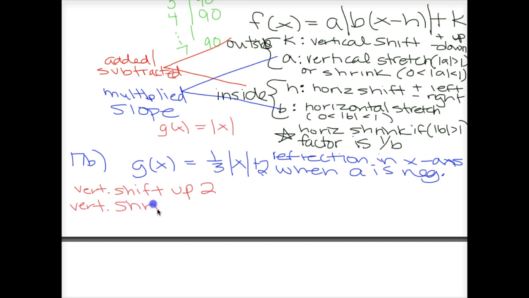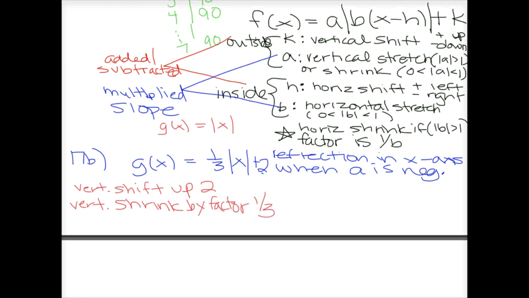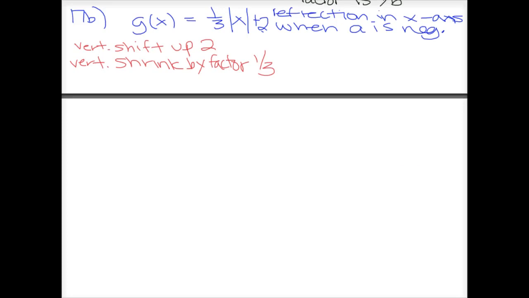So I'm going to say vertical shrink by factor 1/3. So now I need to graph it. Again, if you preferred to graph it first, that's perfectly fine. It doesn't matter.